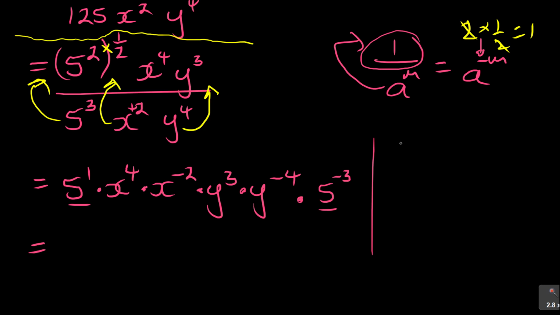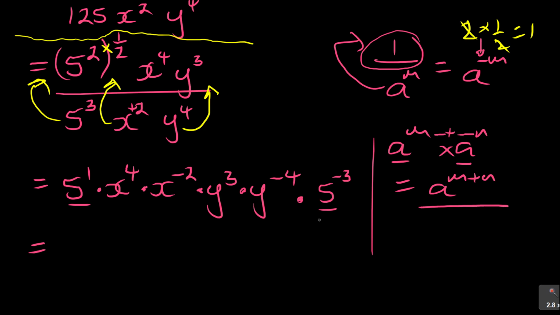There is a law which says a to the power of m times a to the power of n is equal to, if the bases are the same, you add the exponents, m plus n. You remember this law? Now I've got a 5 and a 5, so it will be 5 to the power 1 plus negative 3.